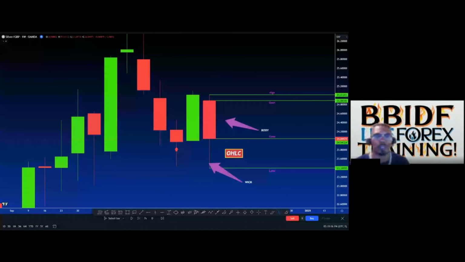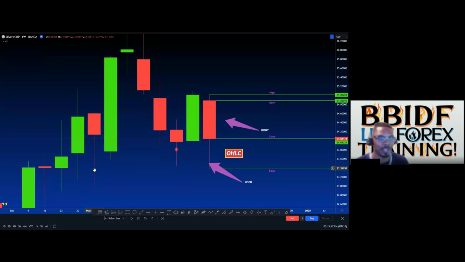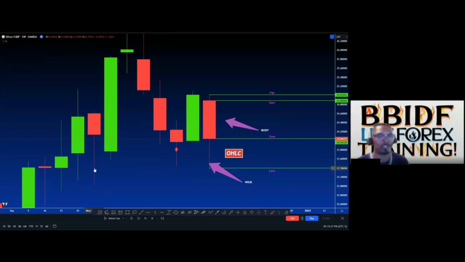So again, if I point to this, Leonie, what is this? This is the wick. And what kind of candle is this? A bear candle. Boom. What does this wick represent?